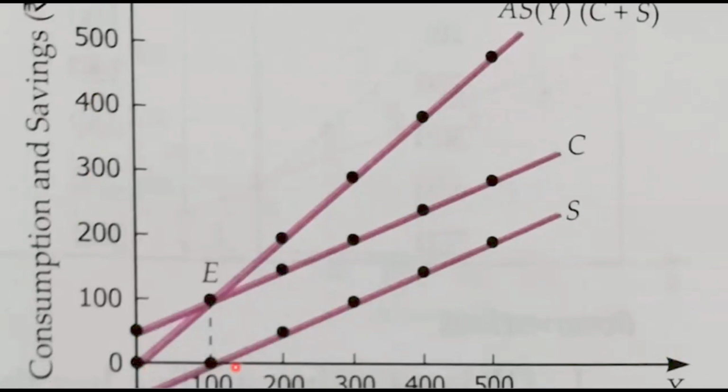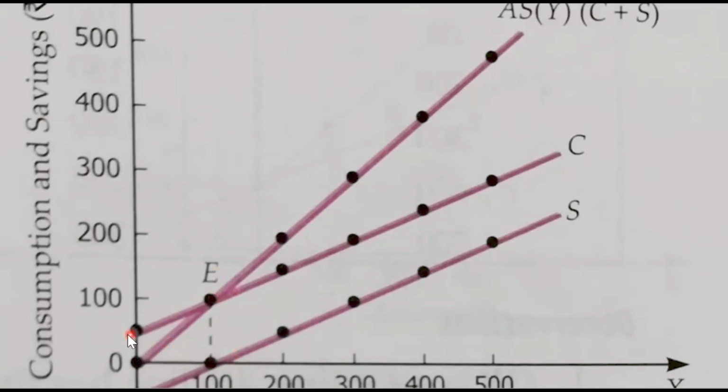But as income increases, aggregate supply also increases and the curve moves upwards, forming a 45-degree angle.